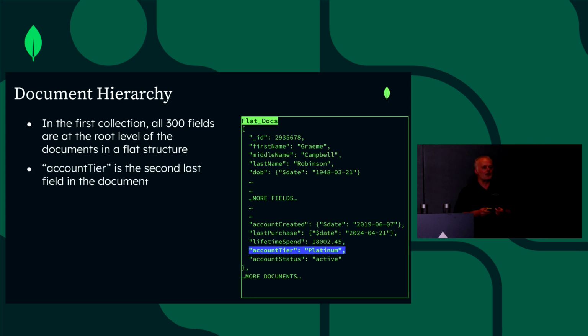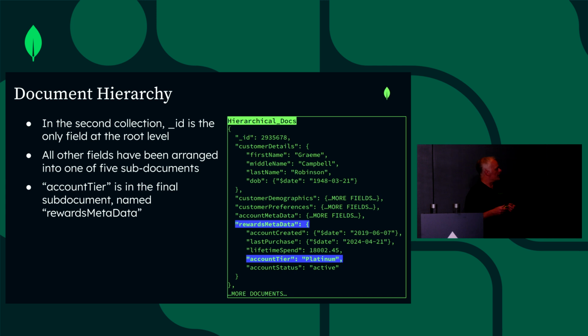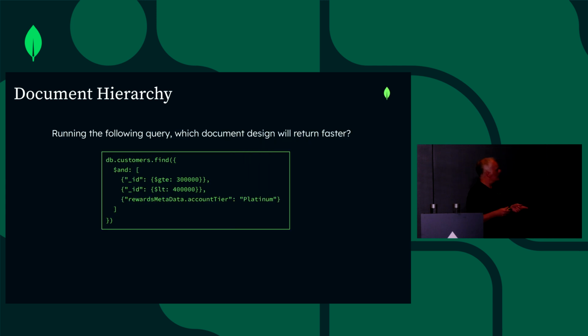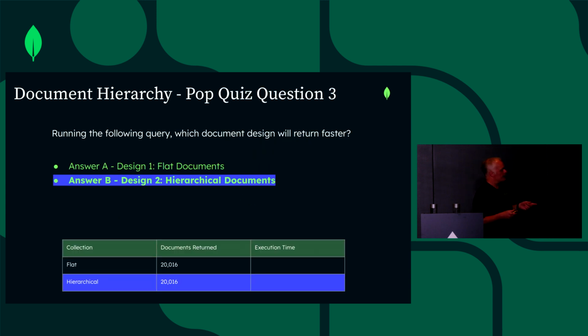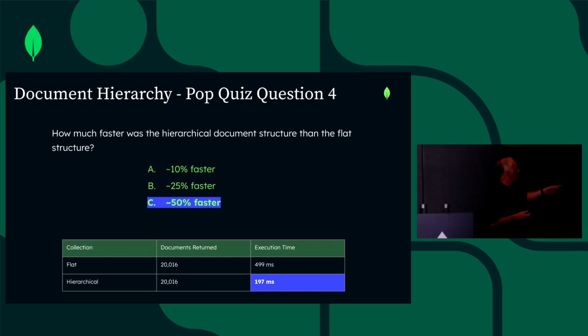In the case where we had all 300 fields at the same level versus when we had the hierarchy, we were seeing that it was 50% faster. So you could probably work it out linearly. Sure, but you went from 300 to like 5. Okay, fine. Yeah, so it can be quite significant.